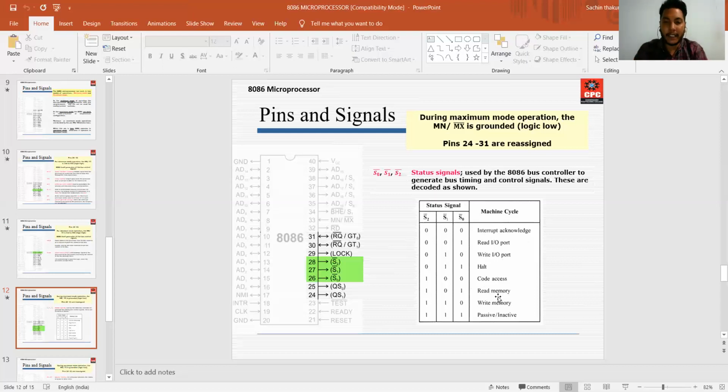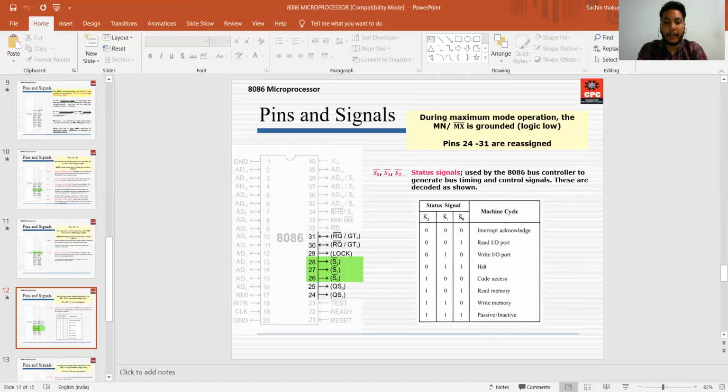Machine cycle means how many instructions execute in 1 second. If S1 and S2 are at logic 1 and S0 is at logic 0, it means the machine cycle is write memory. If S2, S1 and S0 are all at logic 1, it means the machine cycle is passive or inactive.